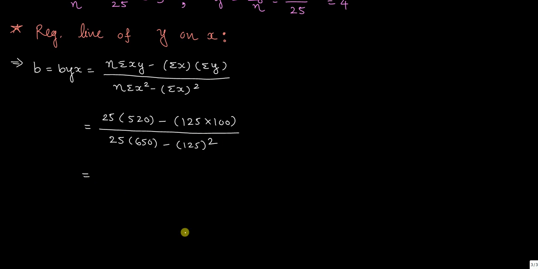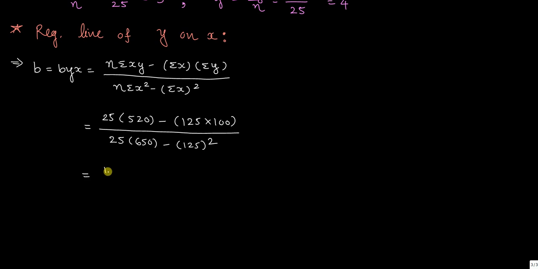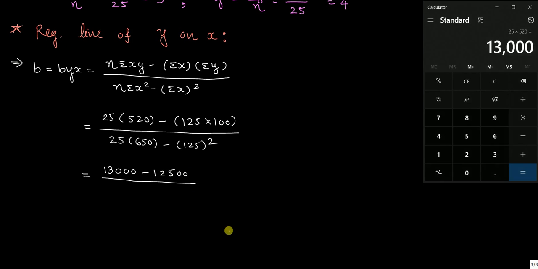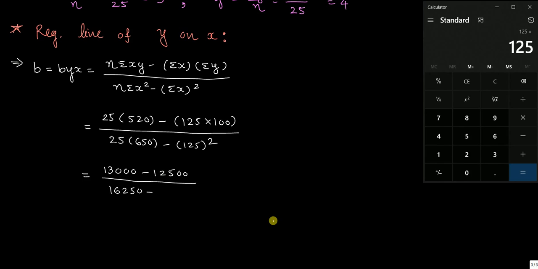Okay, चलो simplify करिए. 25 into 520 13,000 minus 12,500. Okay, 125 into 100 12,500 divided by 25 multiplied by 650, 16,250. 16,250 minus 125 square 15,625.